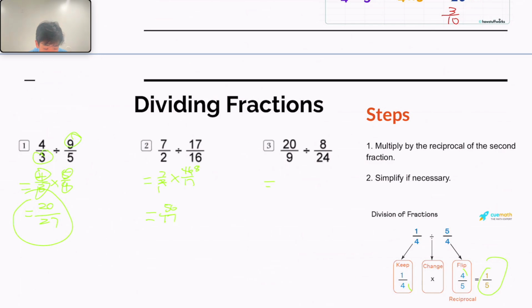In this case here, you flip it, 20 over 9 times 24 over 8. You can simplify this actually. Simplify by 4, this will become 2, this will become 5, and you simplify this by 3, this will become 3, and this will become 8. You multiply the numerators and denominators, and you will get 6 over 4d.